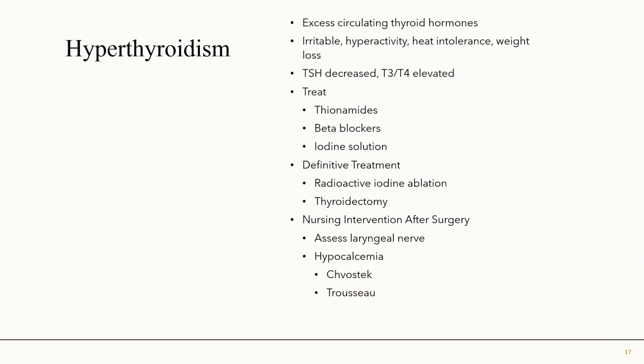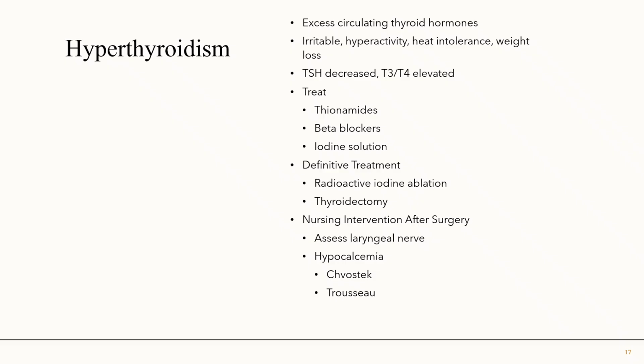In this, TSH is decreased, and there is an elevated free T4 index and an elevated total T3, T4. Treatment includes thionamides like methimazole and propylthiouracil to inhibit thyroid hormone production.